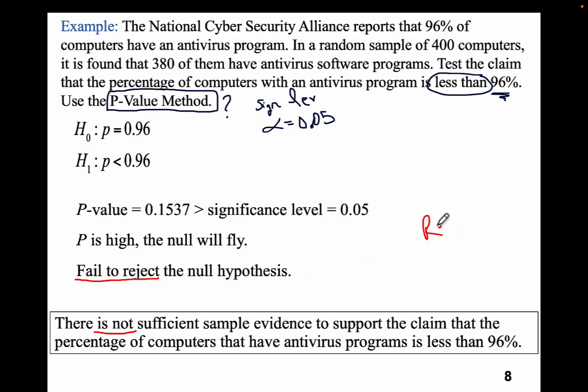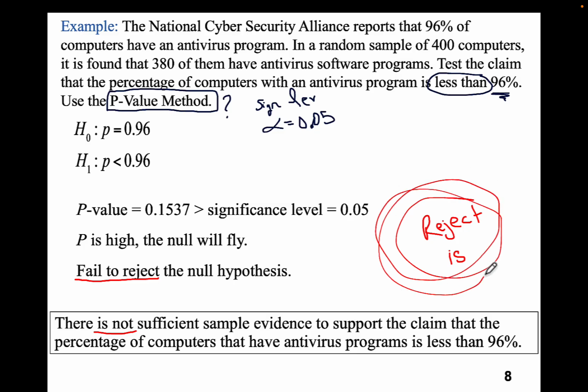If your decision is to reject the null hypothesis, then you state your conclusion with there is significant evidence to support the claim. So these go hand in hand. Decision, how you start your conclusion. These go hand in hand. Decision, how we state our conclusion.